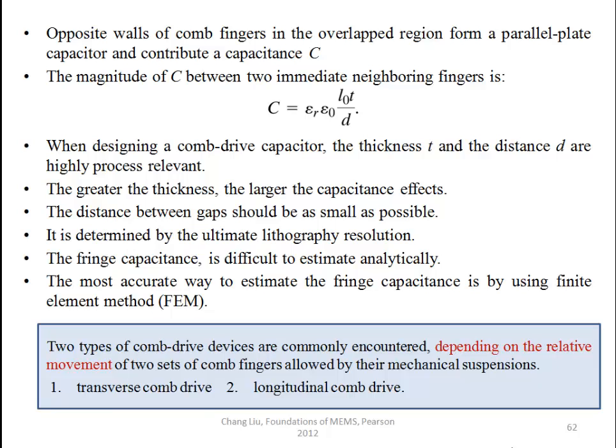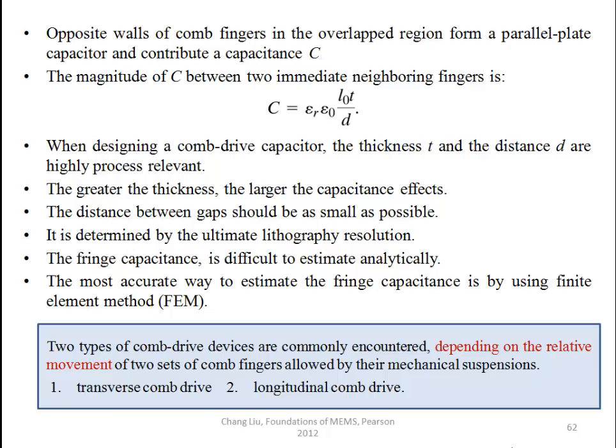At the same time, the distance should be very small in order to achieve a very high capacitance effect. Using this, we can calculate the capacitance between immediate neighboring fingers. But in order to calculate the fringe capacitance, we have to use the finite element method.